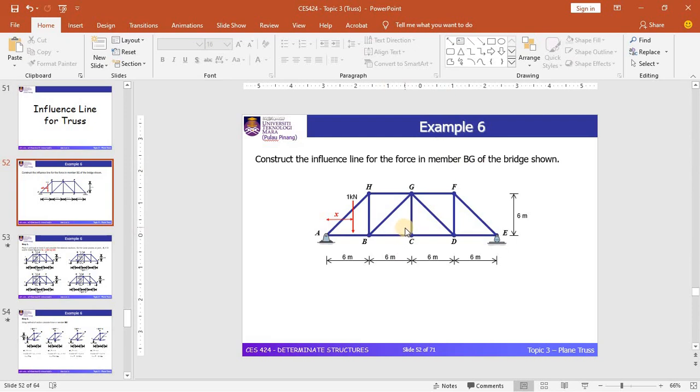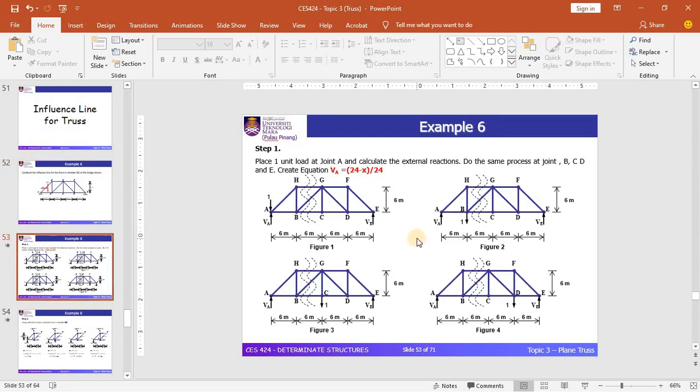The method of sections will come in order to get the internal forces of BG. We don't use the method of joints because our intention is to get the internal forces of member BG, not the entire internal forces of the structure system.